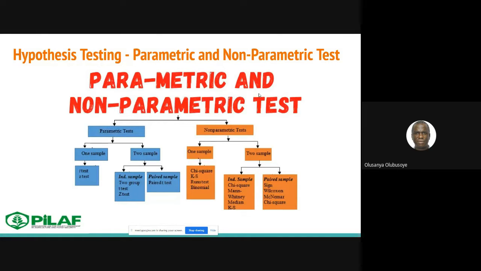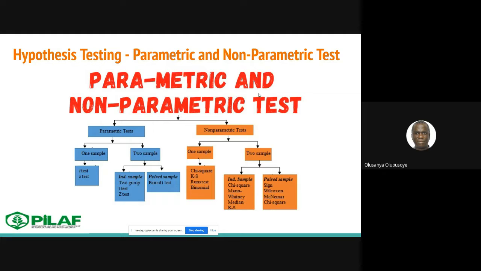So when do you use the t-test? I will explain that in the next slide. For the 2 samples situation, it could be that you have 2 groups that are independent of one another, or you have groups that have relationship.